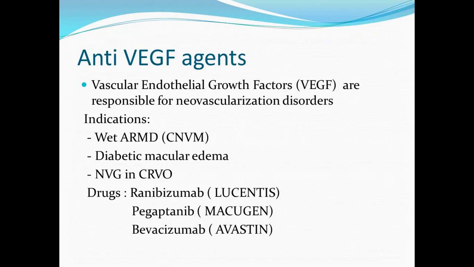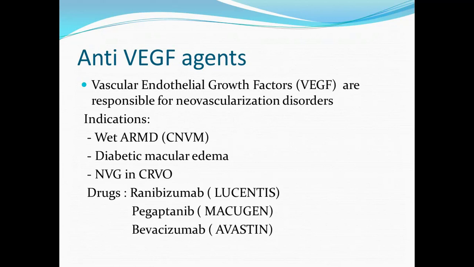Next is anti-VEGF agents. These vascular endothelial growth factors are responsible for neovascularization disorders. Basically, new vessels are formed on the retina, which can lead to bleeding disorders inside the retina. So our aim is to see to it that these new vessels are not going to form.